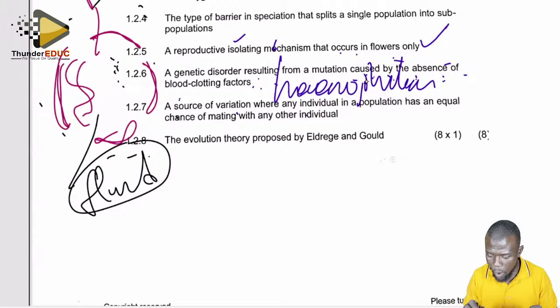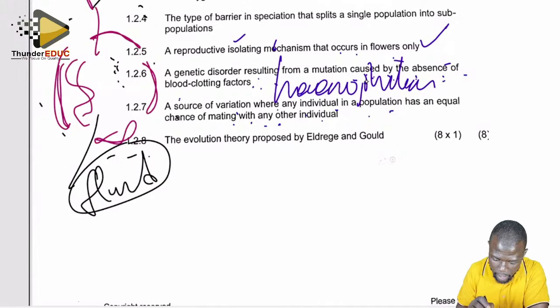Then they're saying the source of variation where any individual in a population has equal chances of mating with other individuals. So how do you call that source of variation?